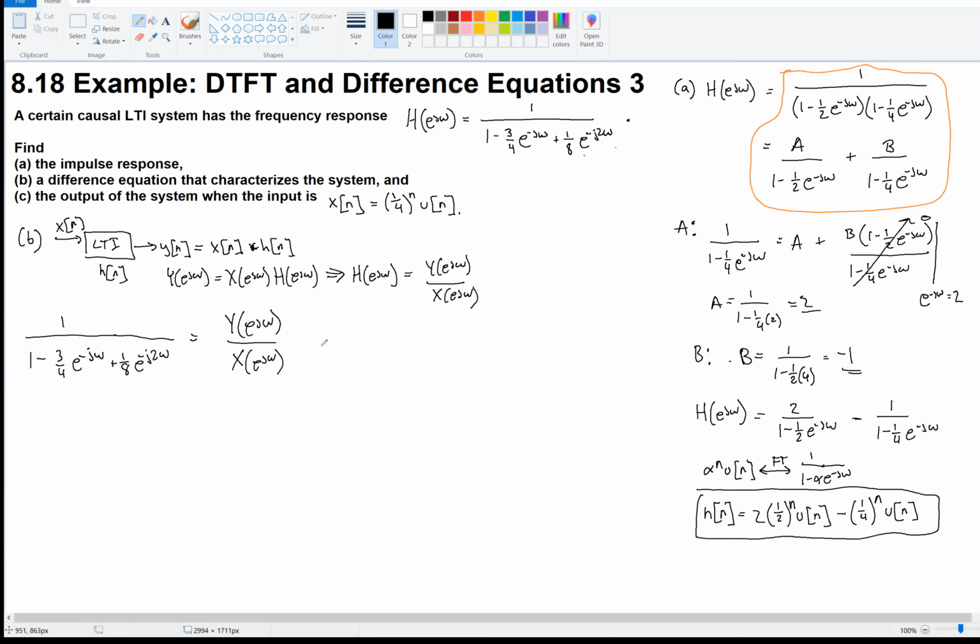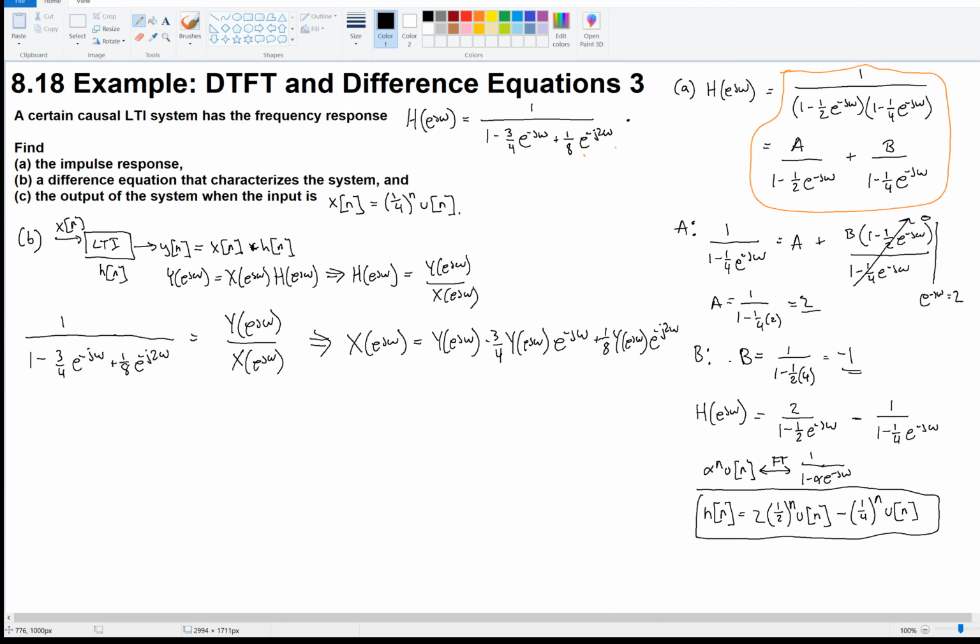So I cross multiply, and I see that X equals Y minus 3/4 Y times e to the minus j omega plus 1/8 Y times e to the minus j2 omega.